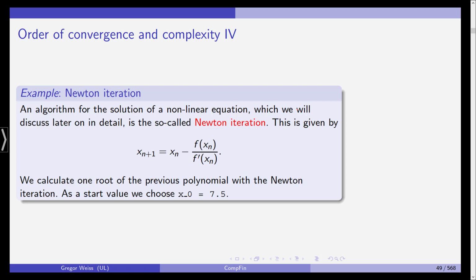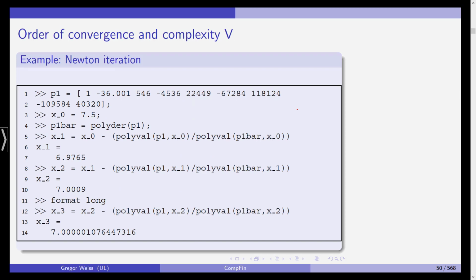And we calculate one root of the previous polynomial with the Newton iteration, and as a start value we choose x0 equals 7.5. So let's see what happens. We define our polynomial with a slight data error. So this is the data error, remember. x0 is 7.5.